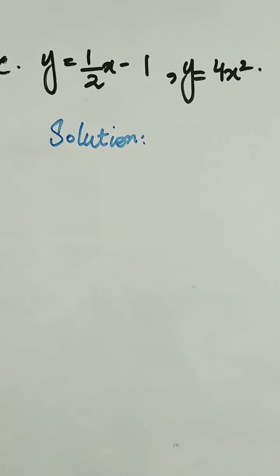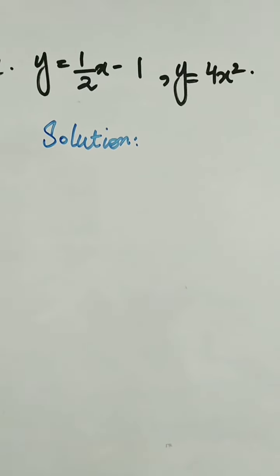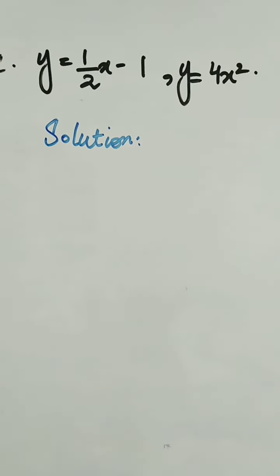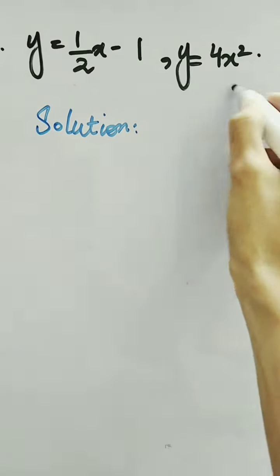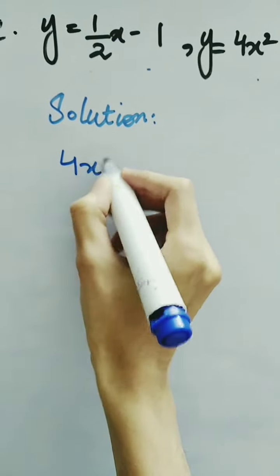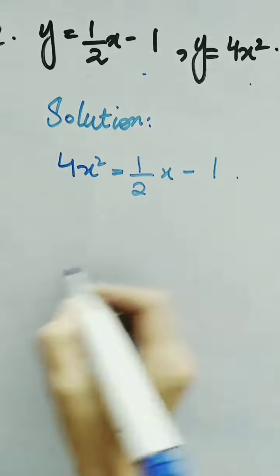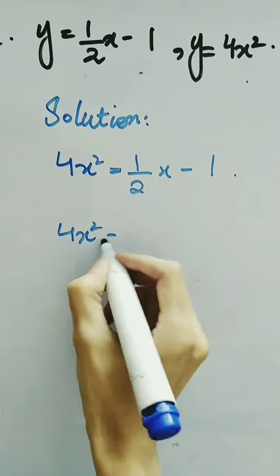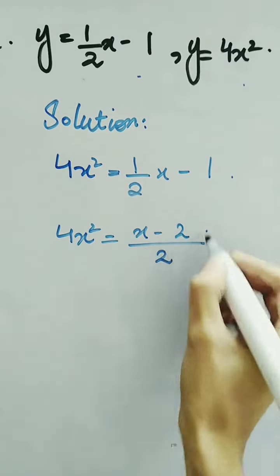Look at another question in which we have y equals 1 over 2x minus 1 and y equals 4x square. We will simply put the value of y in this equation. So we will have 4x square equals 1 over 2x minus 1. We will take LCM over here as 2 and we will have x minus 2.